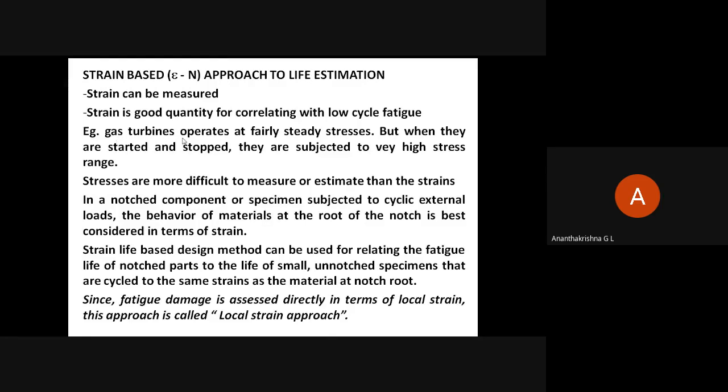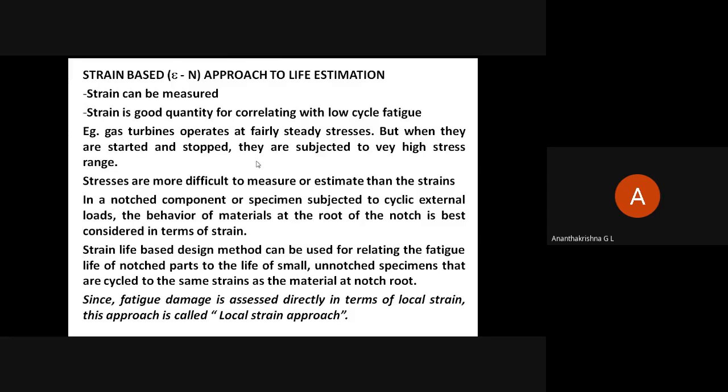He has taken an example of gas turbines, which operate at fairly steady stresses, but when they are started and stopped, they are subjected to very high stress range. This is common for many engines, including gears; starting torques will be much higher than running torques in gears also.